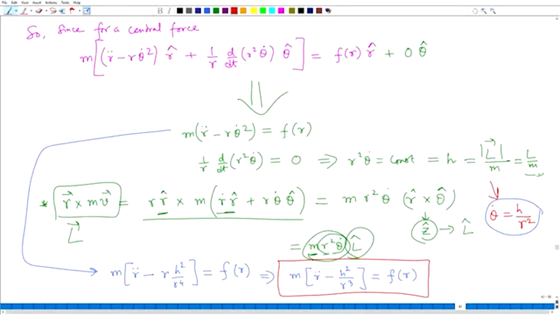Now, you see, using the fact that the angular momentum has a constant magnitude, which relates theta dot to r square, finally reduces the equation of dynamics under a central force motion only in terms of the time derivatives of r and r.